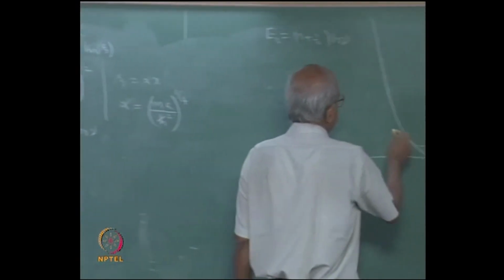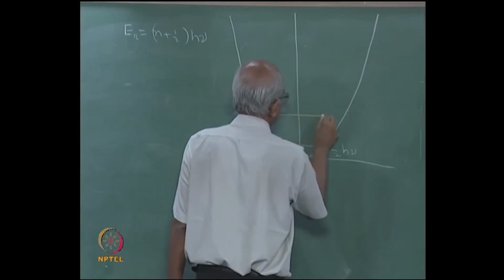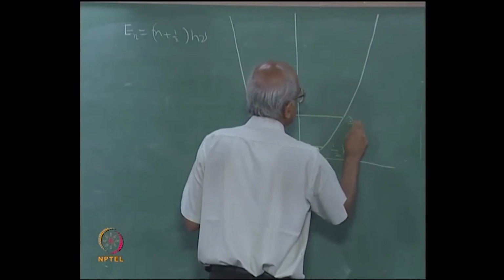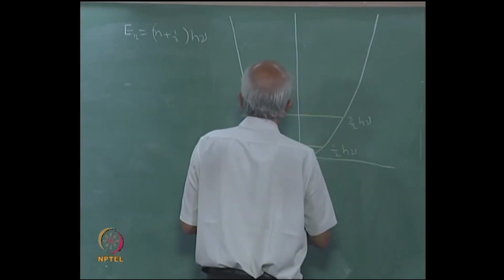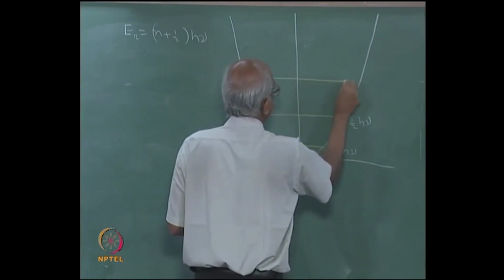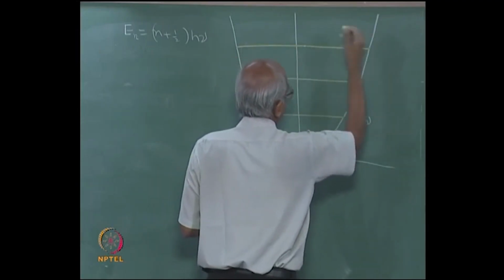The next allowed energy level obviously will be equal to 3 by 2 h nu, and I can represent it by this line. So, 3 by 2 h nu, then the next is of course 5 by 2 h nu, then 7 by 2 h nu, and so on.